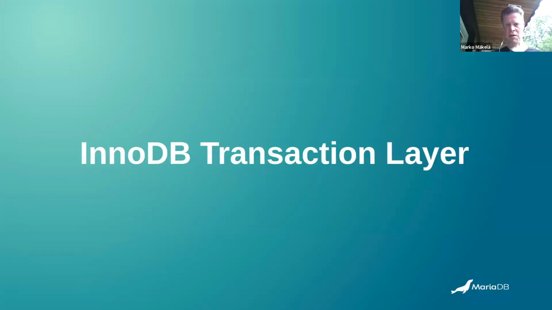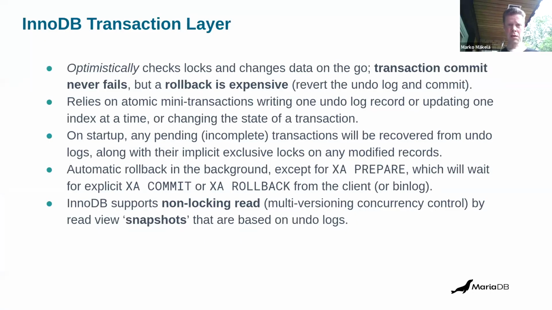Okay, now we are ready to backtrack to the transaction layer, which builds on top of this mini transaction. So the InnoDB transaction layer is optimistic. It checks things and applies changes on the go. So transaction commit is basically instantaneous. We just mark the transaction state as committed in the undo log header.